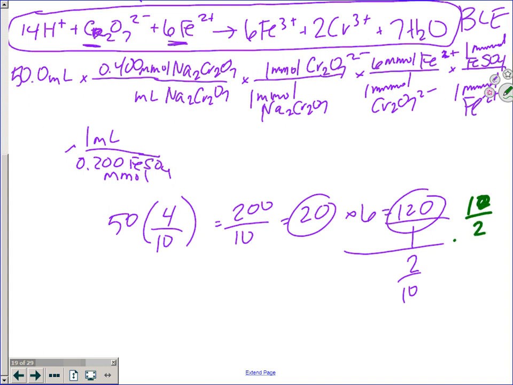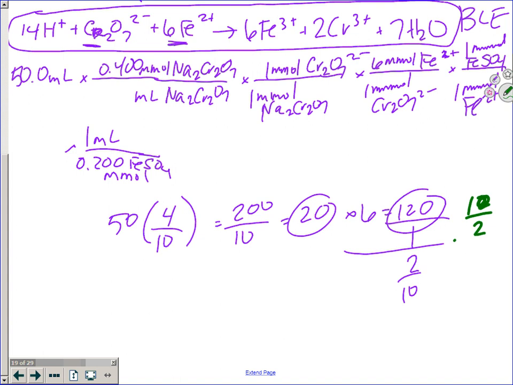Okay, so ignore this on the bottom. What's 120 times 10? Okay, 1200. Or what's 120 divided by 2? 60 times 10. 600? I think 60 is the answer. Did we mess up someplace? But I think it's 60. No, it is 600.